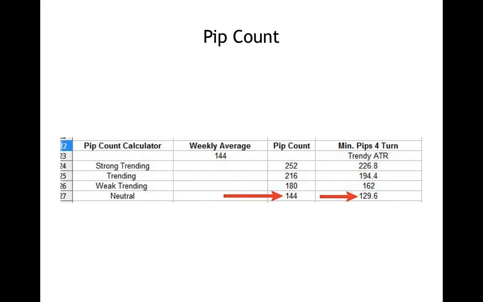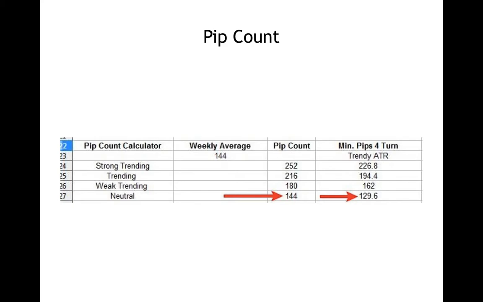Once you plug this in, this is going to tell you the number of pips that you're going to expect the move to happen. So we have the weekly average is 144. We're in a neutral market. So we're going to look for the Pip count to go between 129.6 and 144 because it's a neutral market.